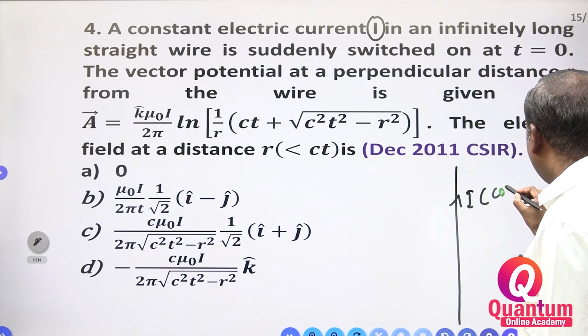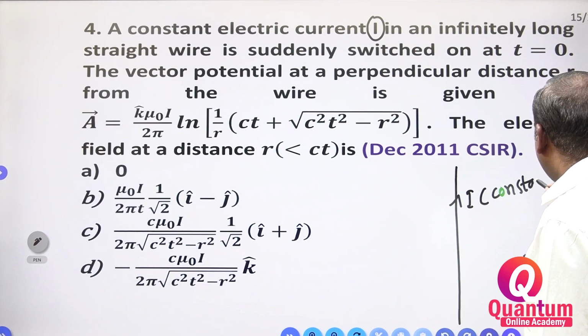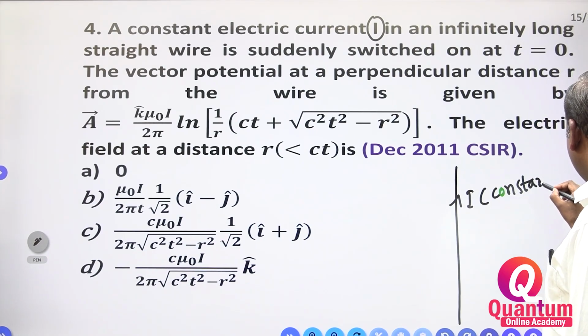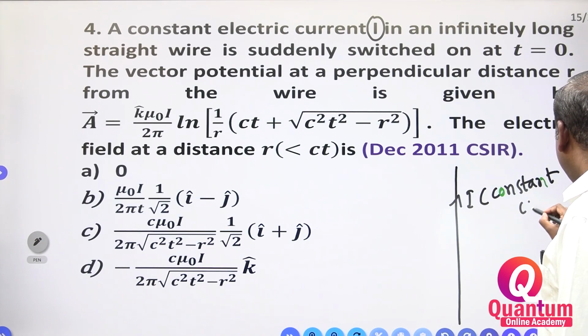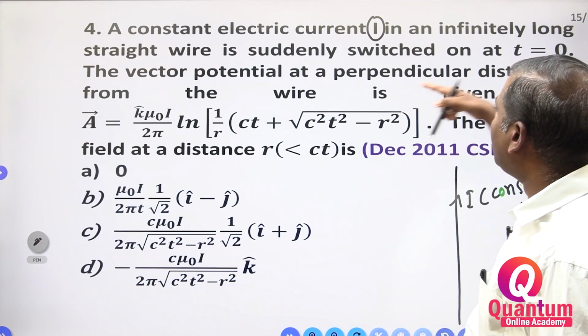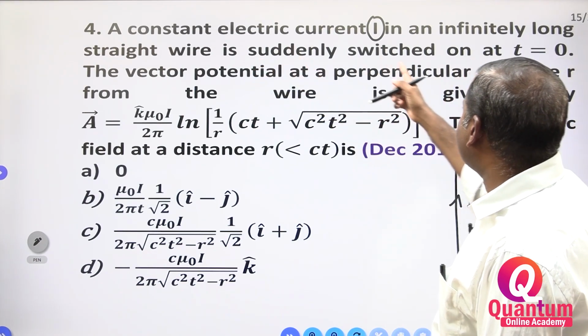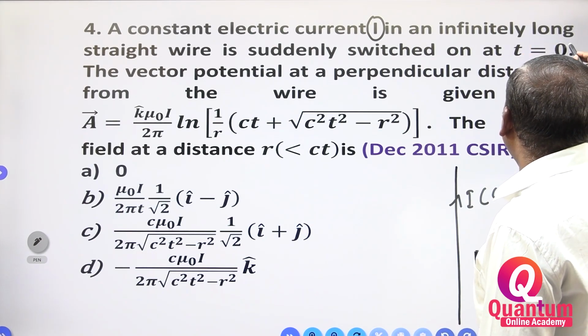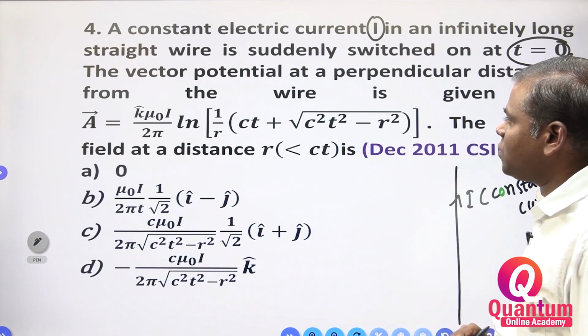That current is a constant current. So then the wire is switched on at t is equal to 0.